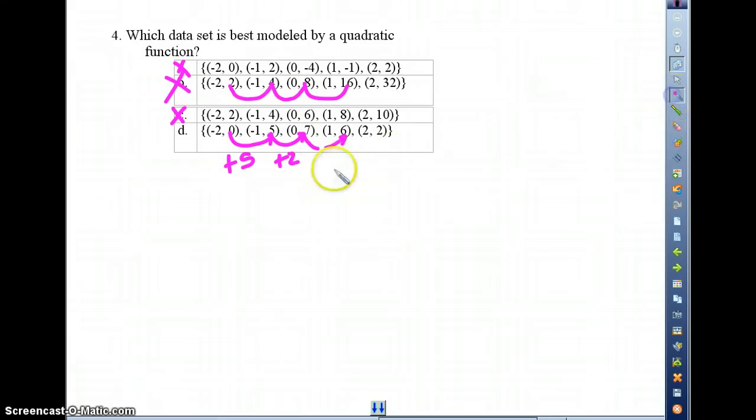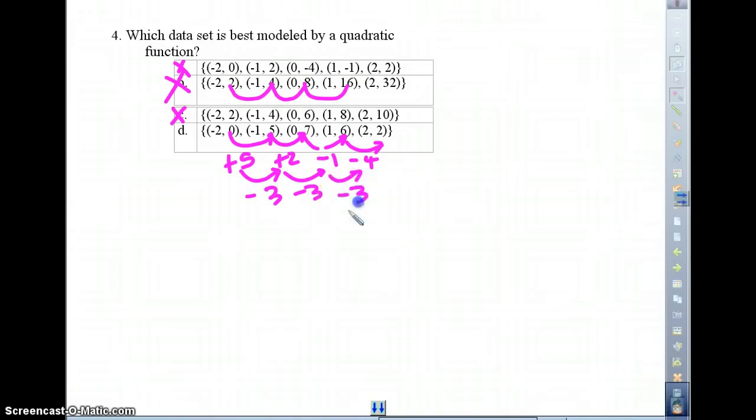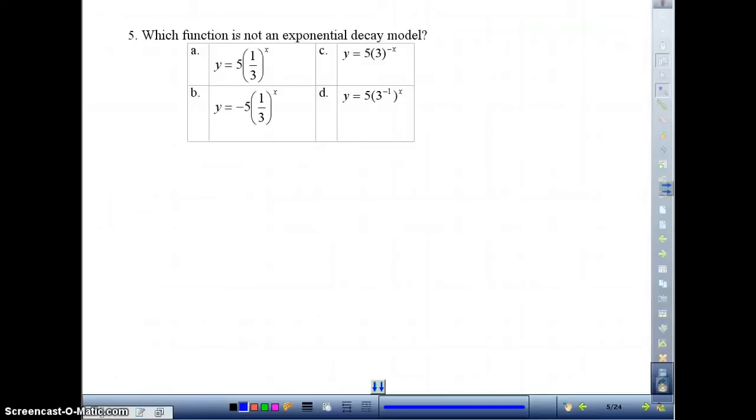Decrease of 4. Decrease of 3. What happened from here to here? Did we find our quadratic? Yeah, it's D. D is quadratic.